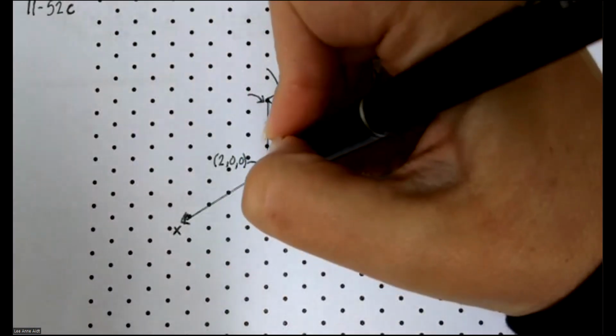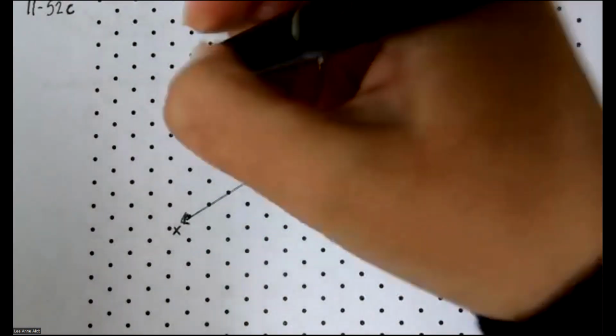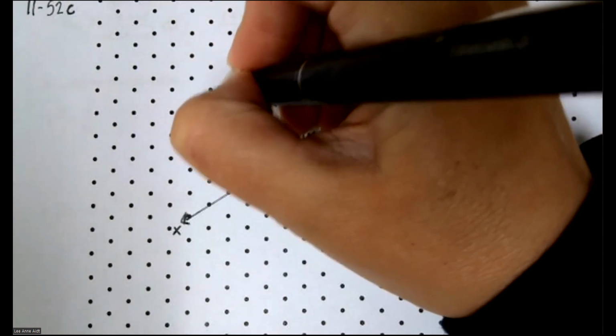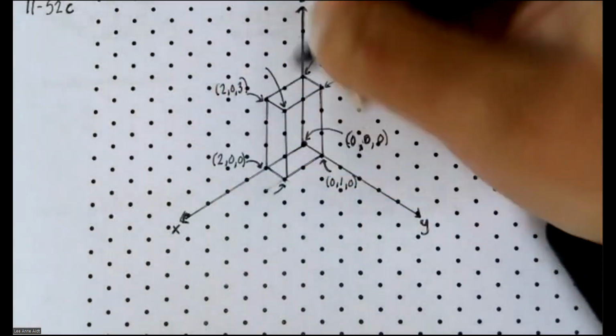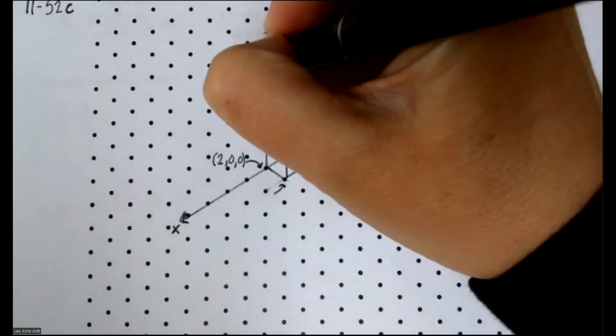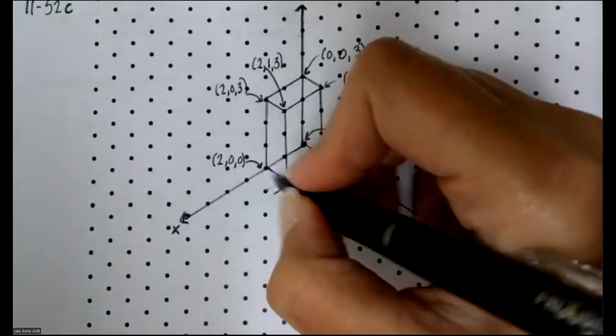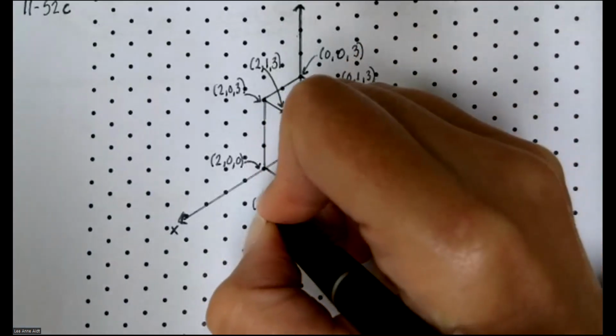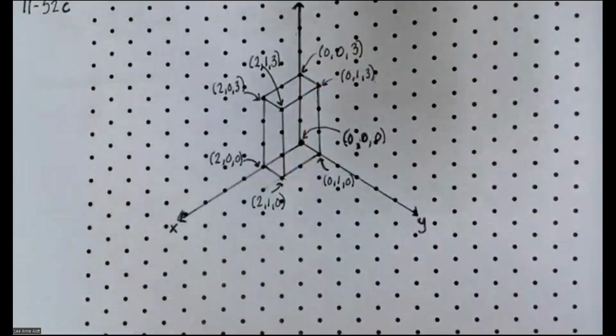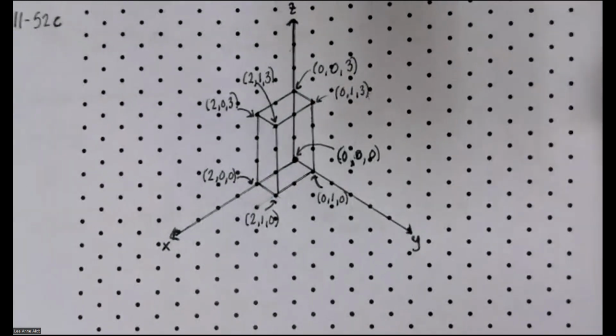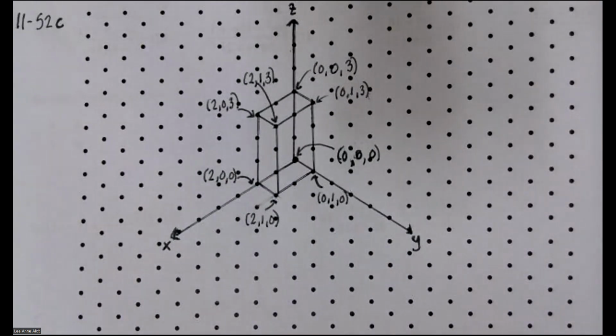This guy is 2, 0, 3. This guy is the one we actually wanted, 2, 1, 3. 2, 1, 0. Did I get them all? There should be 8, because there's 8 vertices in a rectangular base prism.